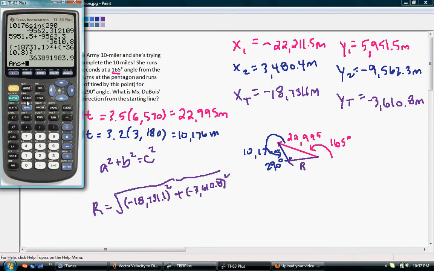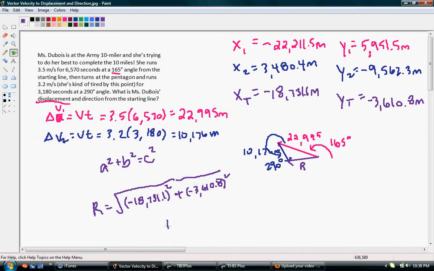We get this huge number. I like to store it as x and then take the square root of x, and we get 19,075.95. So we'll call that 19,076. Our r equals 19,076 meters.